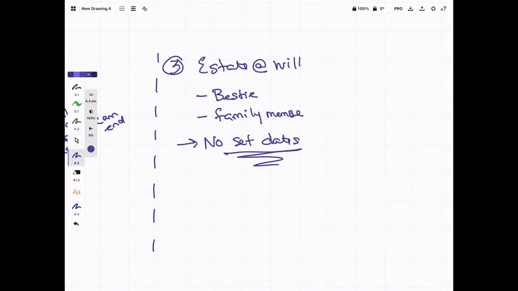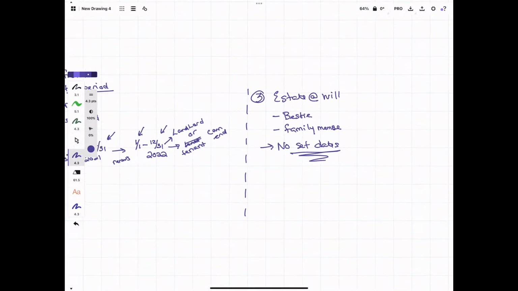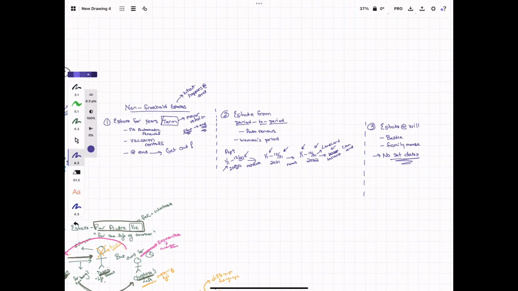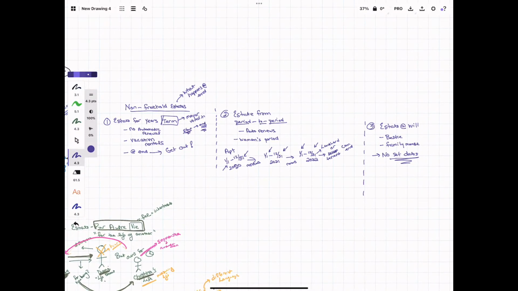So in an estate at will, there are no set dates. Now, having said that, I'm going to do this, guys. We are going to unlock my Zoom. I know it's messy, but you had an estate for years, an estate for term, an estate at will.